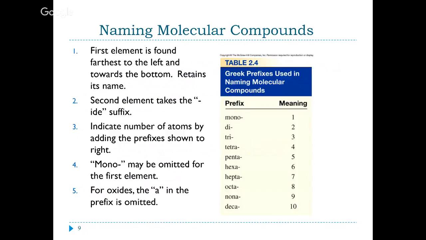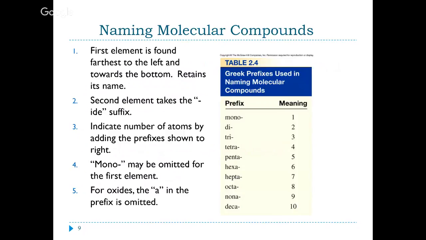So when you're looking at a substance and you see a metal show up, under no circumstances do you give it a prefix. We talked about ionic bonding and ionic names, right? No prefixes. Just like with ionic compounds, however, your second element will take the IDE ending. So you leave the first element alone.